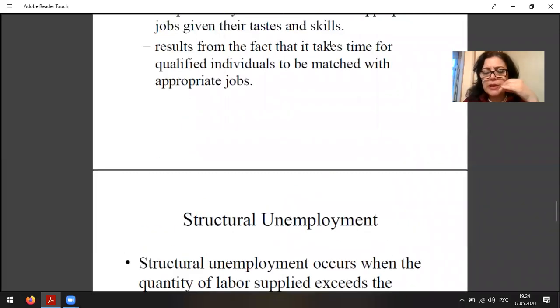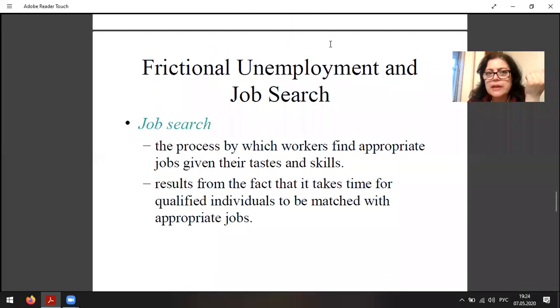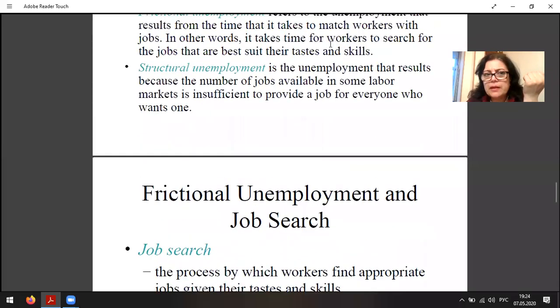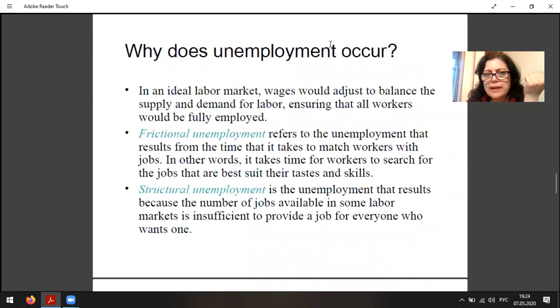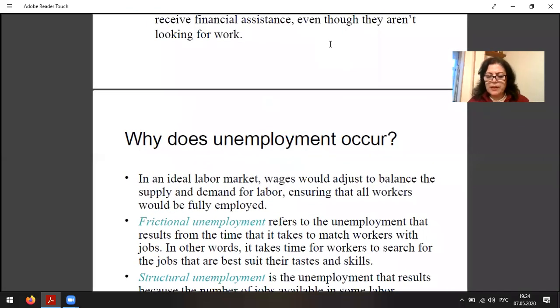Each of these types has its own specifics. But the one aspect that I want to discuss is the relationship between unemployment and the economic effects of unemployment.